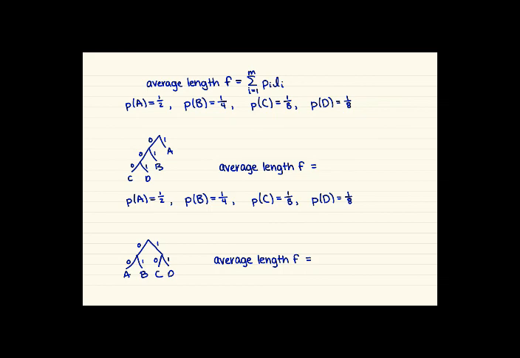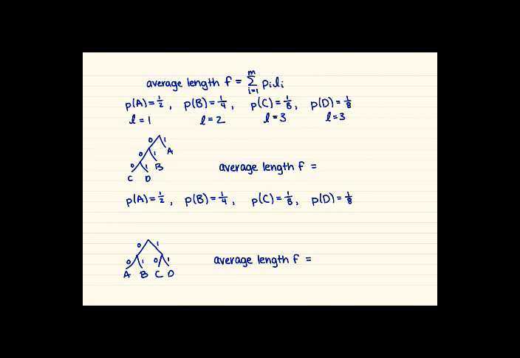So when we encode A, that's encoded as just 1, so our length there is 1. For B, B gets encoded as 0, 1, so our length there is 2. For C, that's encoded as 0, 0, 0, so that has length 3. For D, that's encoded as 0, 0, 1, so that has length 3 as well.